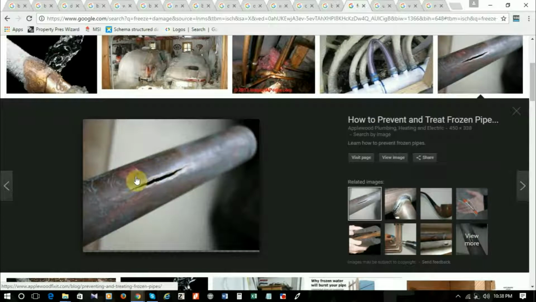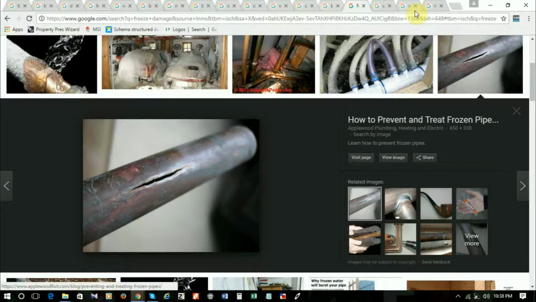So you see breaks, and breaks like these are the cause of freeze damage.